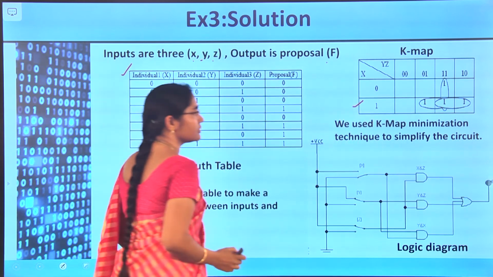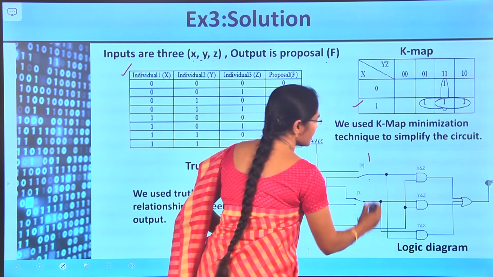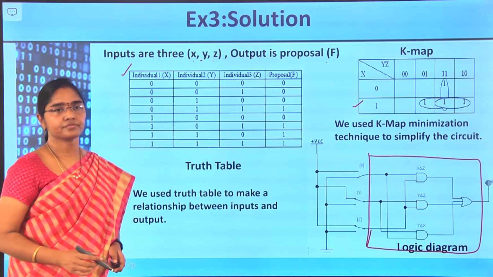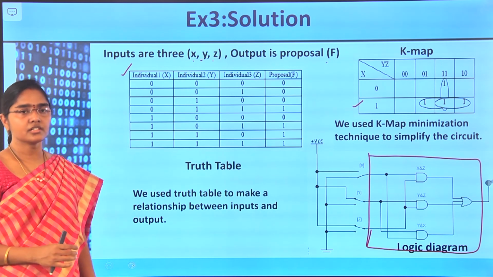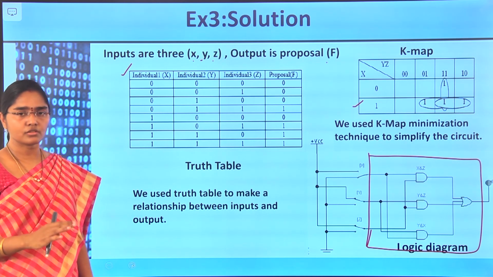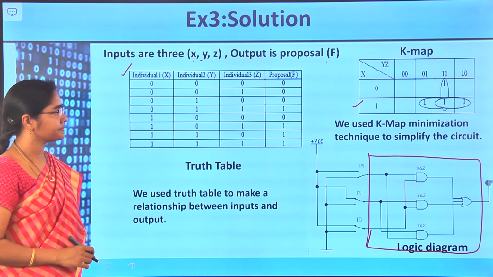Using the K map, the simplified expression is written, and that simplified expression is drawn using the logic diagram. This is the design procedure. Like this we have to solve any combinational logic circuit design problem.